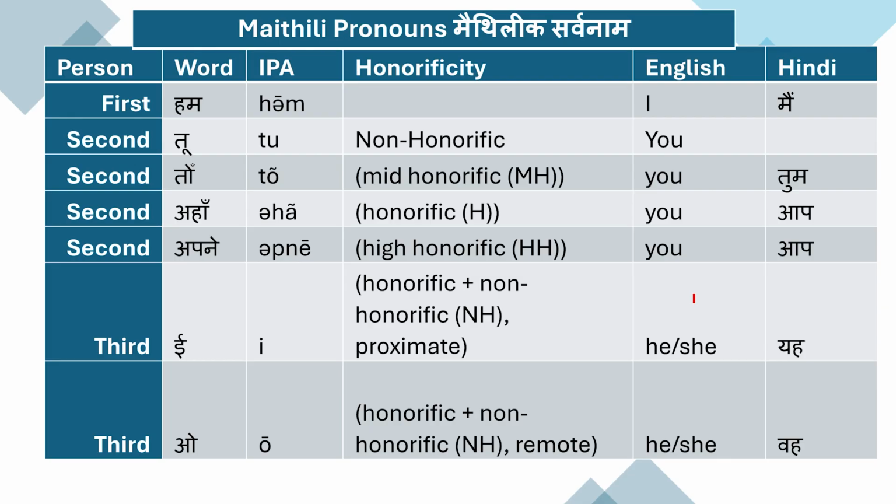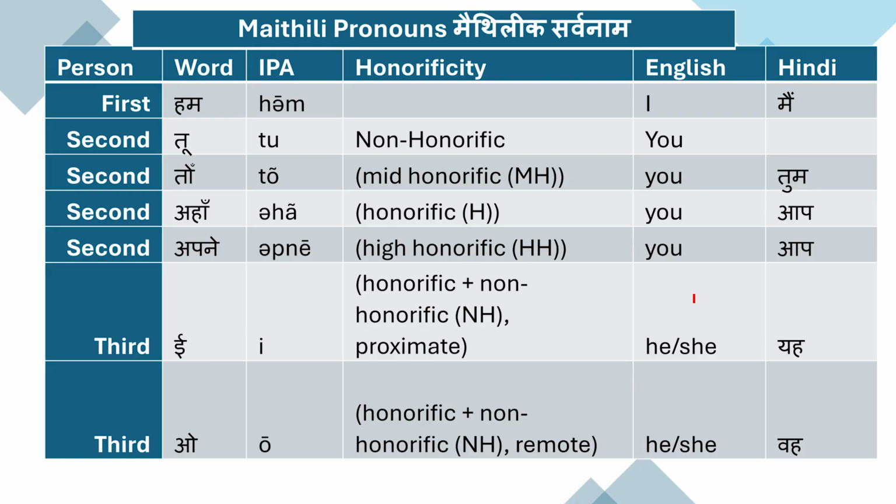Now, in the first person, we have got only one pronoun, which is hum, meaning I or मैं. It is not exactly hum the way that it is pronounced in Hindi, it is hum. And then in second person, you have 4 pronouns indicating 4 levels of honorificity.